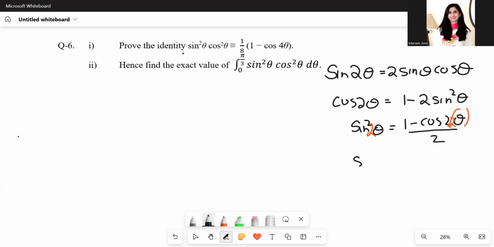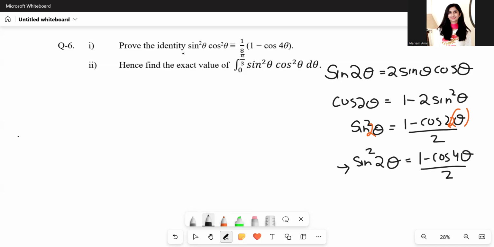So sin²2θ is equal to (1 − cos 4θ)/2. This is an important rule that we'll be using in this question, so I wanted to go through it at the start.